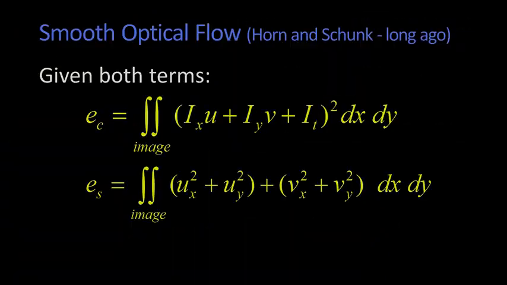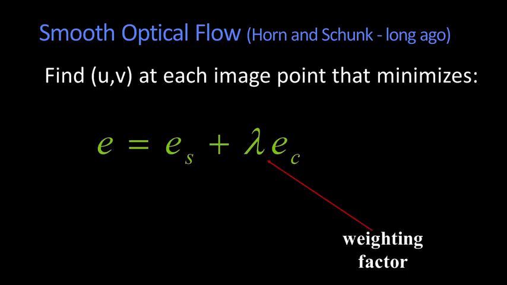So now we have these two terms: the constraint error term, E_c, and the smoothness error term, E_s. What we want to do is find the u, v at every pixel, and there's going to be a different u, v at every pixel, that minimizes this total error, which is just the smoothness term plus some weighting factor times the constraint term.